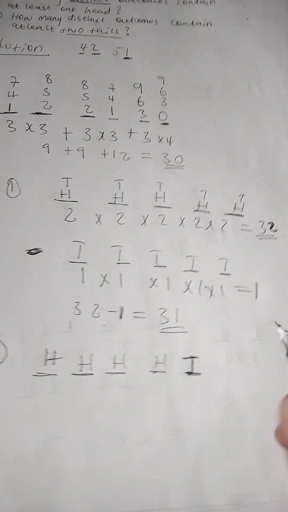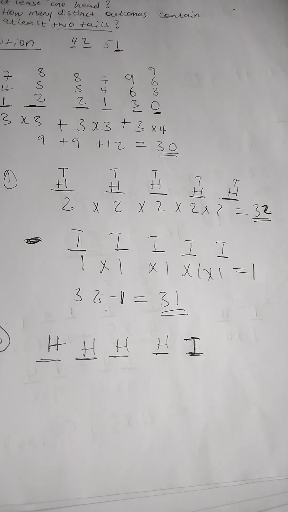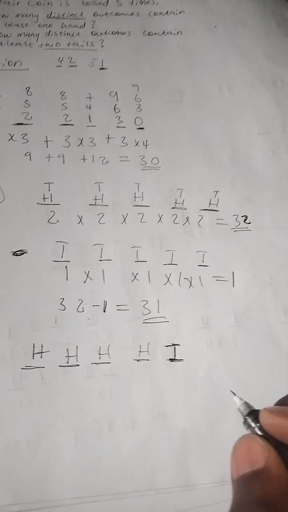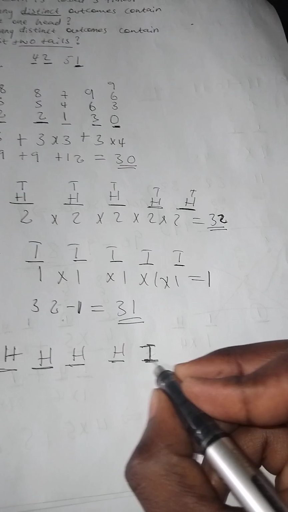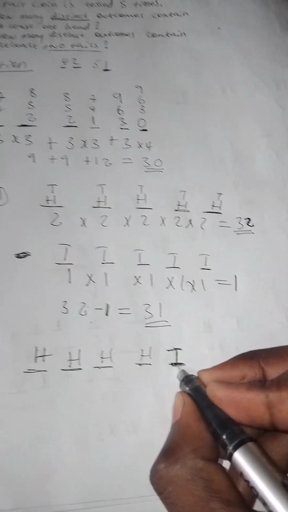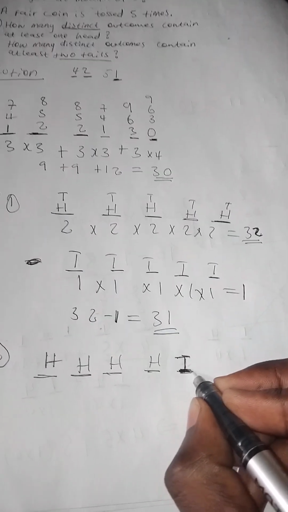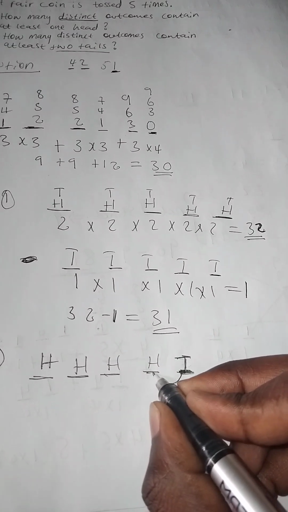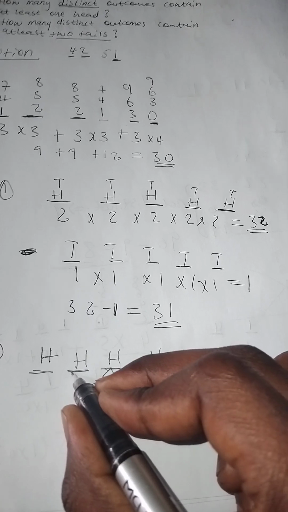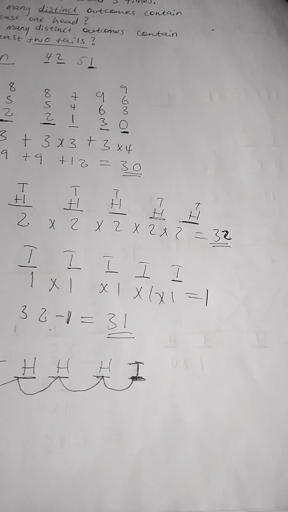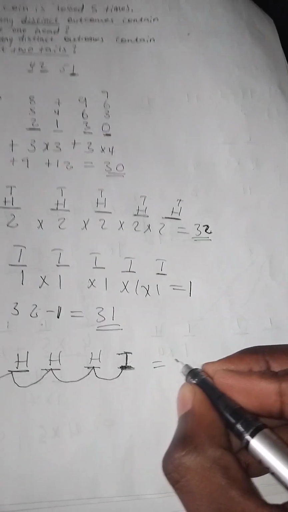It can move. Let's say this tail is in this position, so we count 1, then it can move and come here. When we are rearranging, then it's 2, 3, 4, 5, so it can move 5 times. So here we have 5 different arrangements.